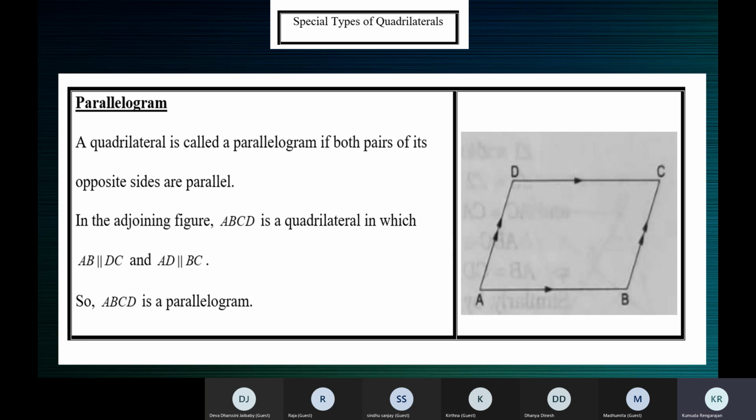Now take this question. Write down, children. Perimeter of the parallelogram is equal to 40 centimeters.